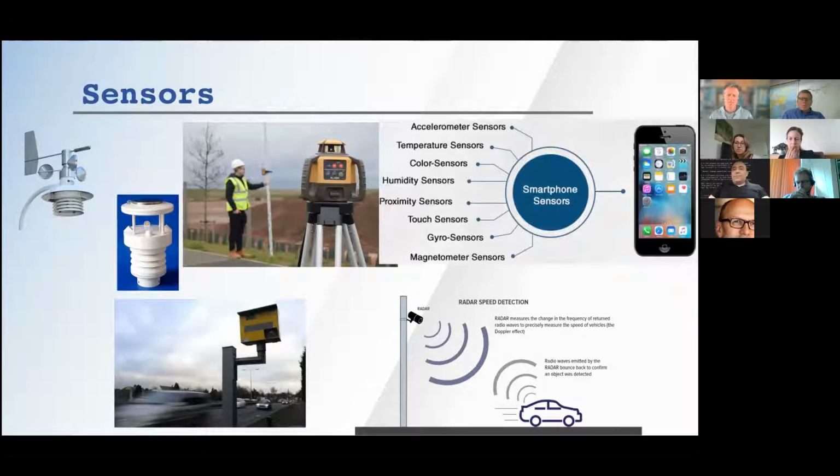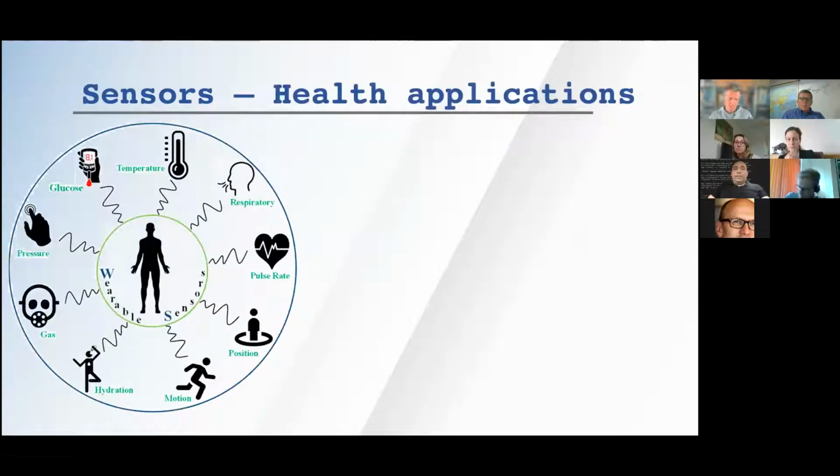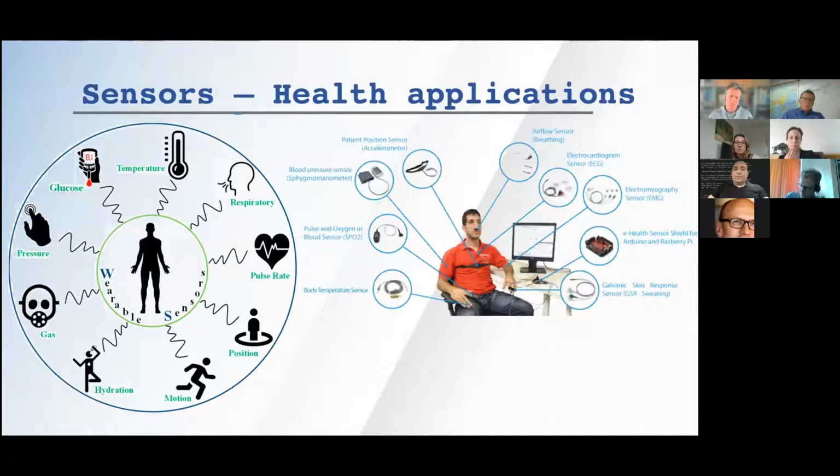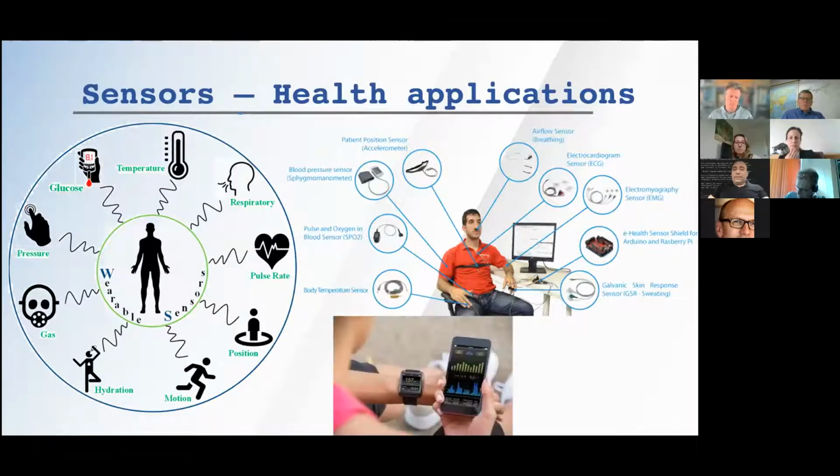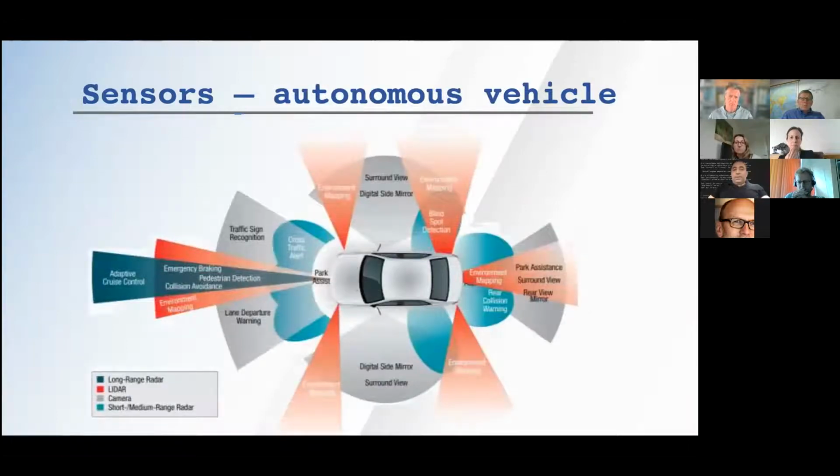Even our smartphone has a couple of different types of sensors, and every day many more are added to these smart devices. In health, there are many applications to measure different quantities in our body regarding health management. So we have many types of sensors like this.